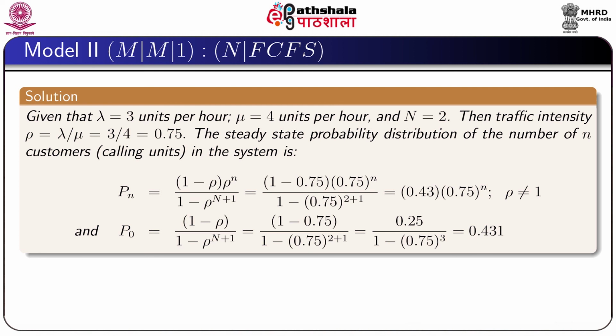Putting the values of rho and capital N, we get P n as 0.43 into 0.75 whole to the power n when rho is not equal to 1. And similarly, we find P 0, which is equal to 1 minus rho by 1 minus rho to the power capital N plus 1, which is equal to 0.431.